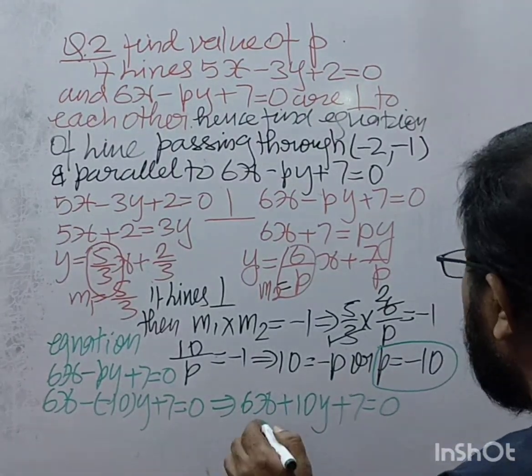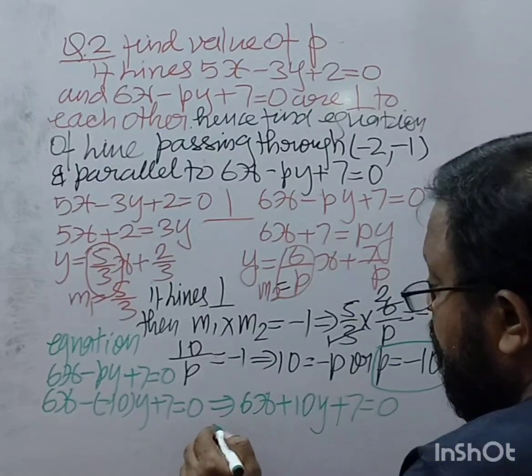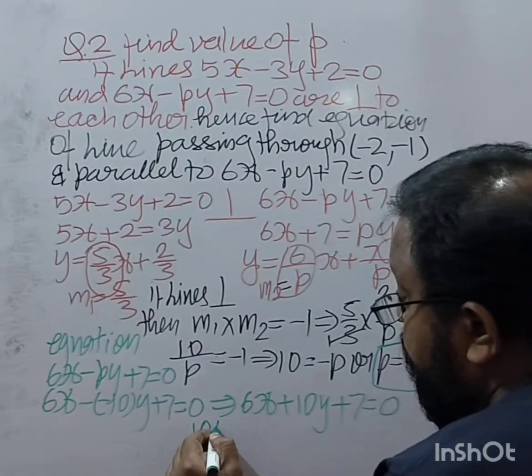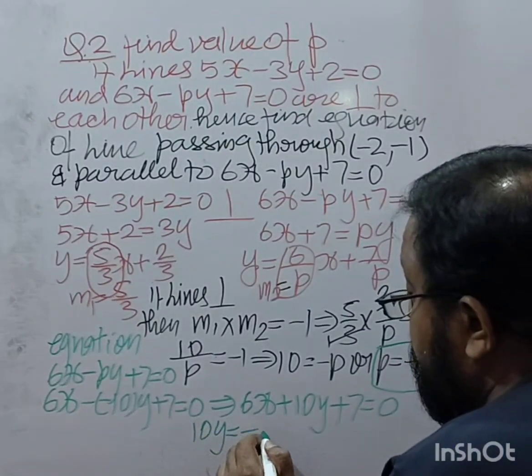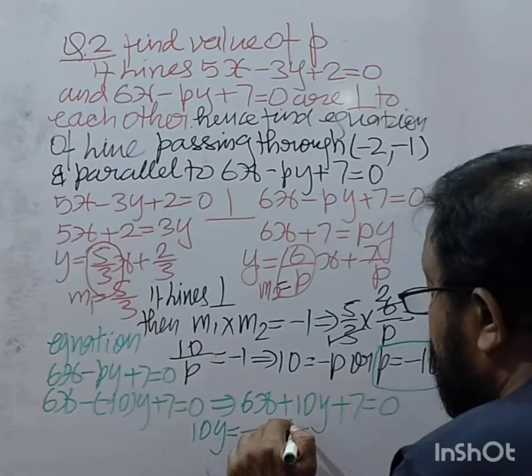So when we get the slope for this, it becomes 10y is equal to minus 6x minus 7.